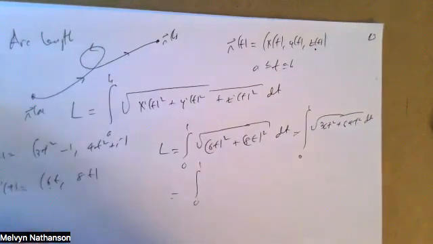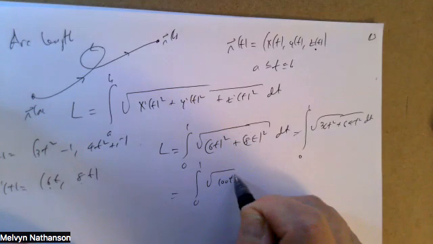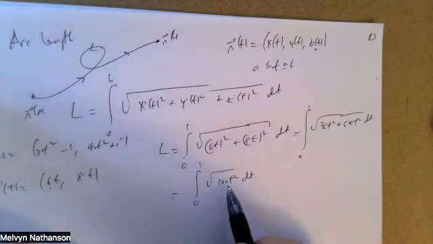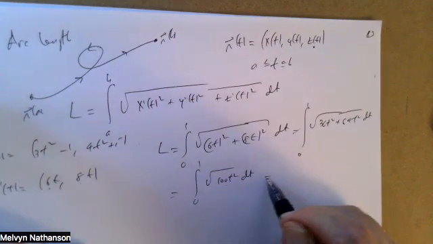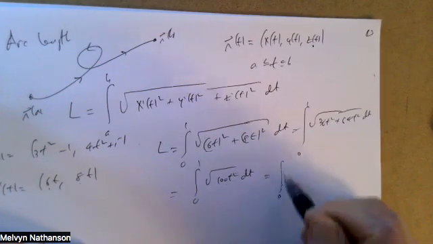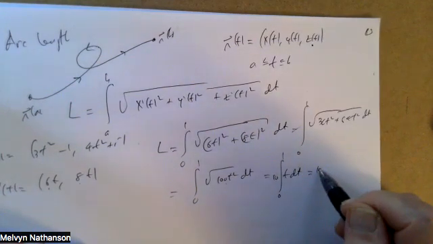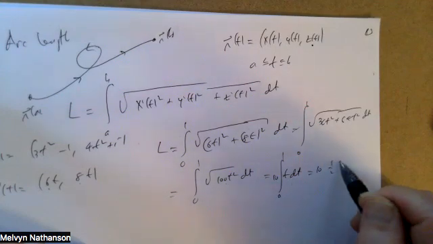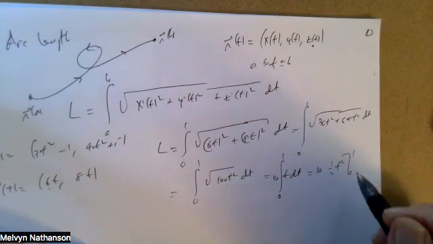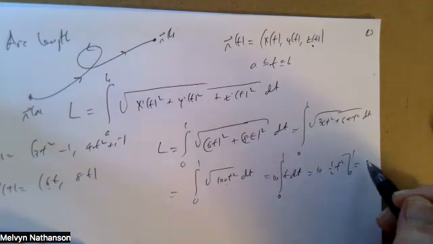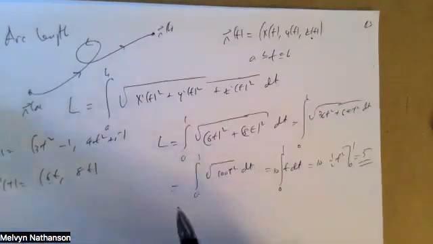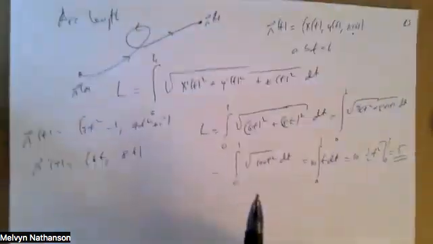That's the integral from 0 to 1 of the square root of 100t squared dt. Square root of 100t squared is 10t. The integral from 0 to 1 of 10t dt. That's 10 times the integral of t, which is a half t squared, from 0 to 1. That's 10 over 2, or 5. So this curve has length 5.